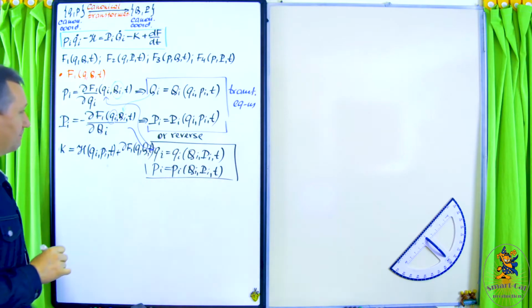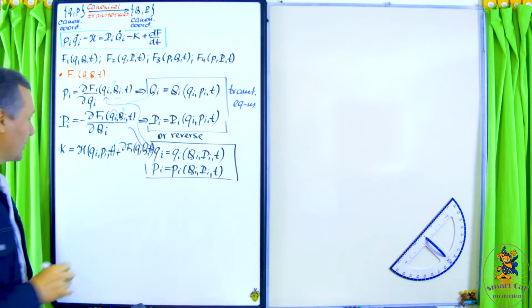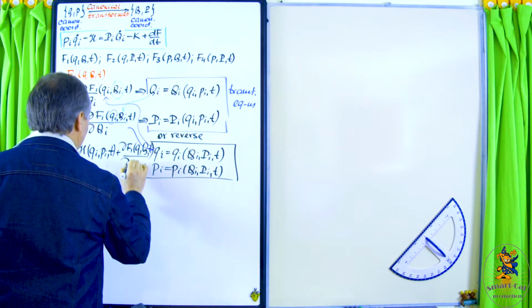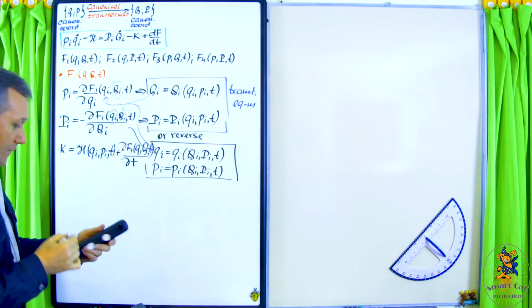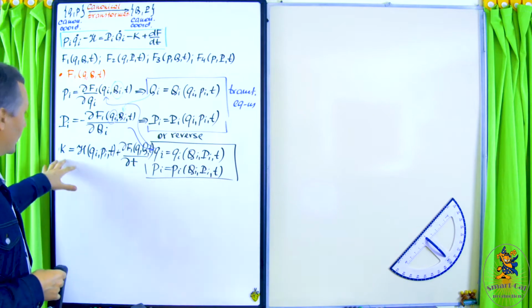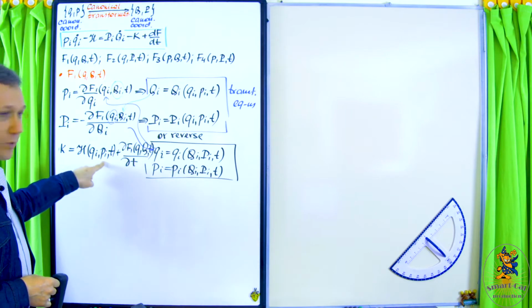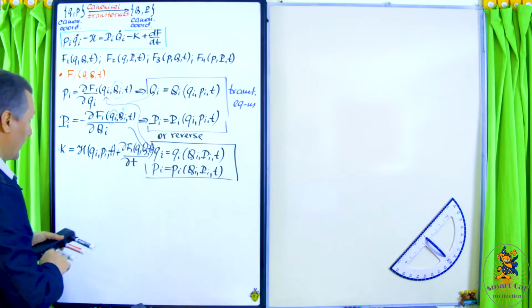Sorry for the mess; I should have written the dependencies explicitly in the first place. So now, in order to get the final form of the Hamiltonian, you just need to remove all small q's and small p's from this equation.